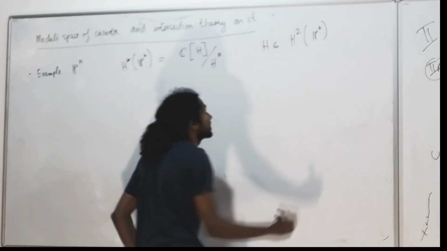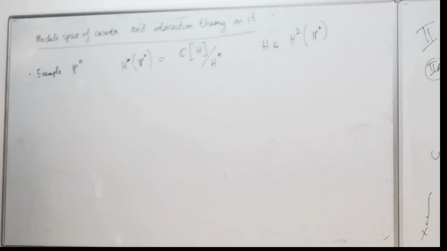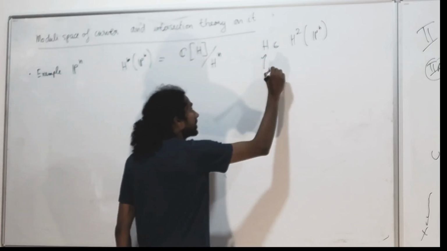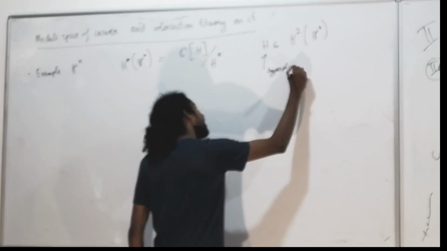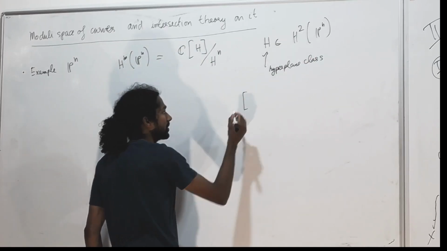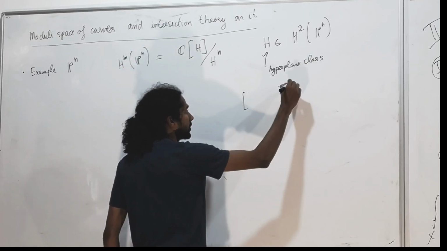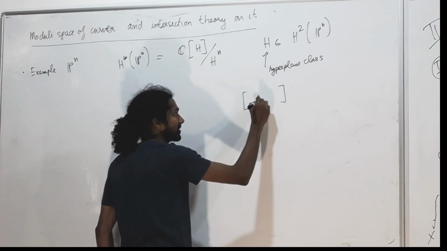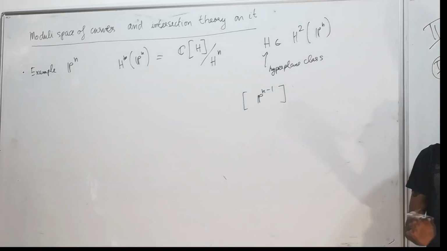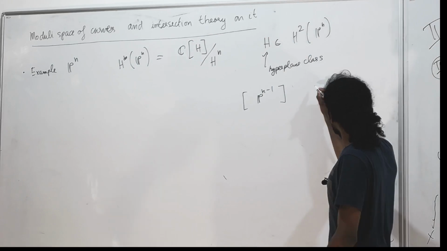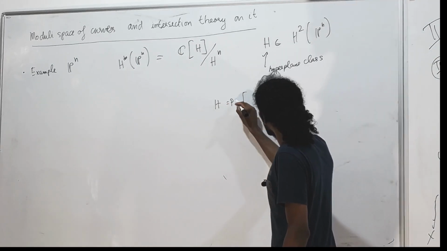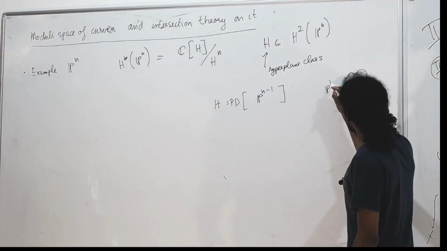This is called the hyperplane class, and it's Poincare dual to the class of a hyperplane. A hyperplane in P-n is something defined by a linear function. You get a P-(n minus 1) at the end, and H is Poincare dual to this class.